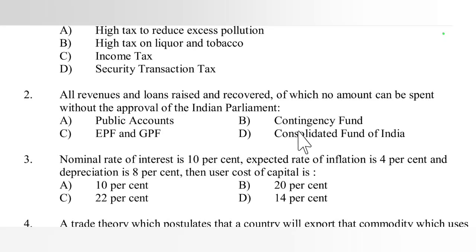It is called the consolidated fund of India, because all revenues received by the government of India, loans raised and recoveries of loans are credited to the consolidated fund of India. No money can be spent from this fund without the approval of Parliament. So option D is right here.